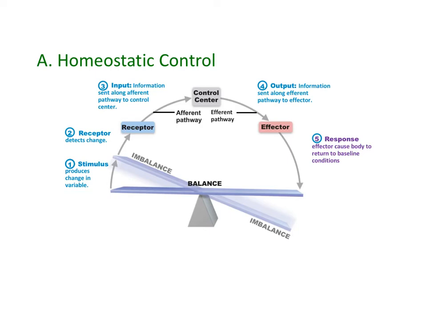Ultimately that effector is what initiates the response and brings the body back into balance. So we have this basic pathway where a stimulus is perceived by the receptor, the control center detects the change, it then sends a command to the effector, which initiates a response and brings everything back into balance.